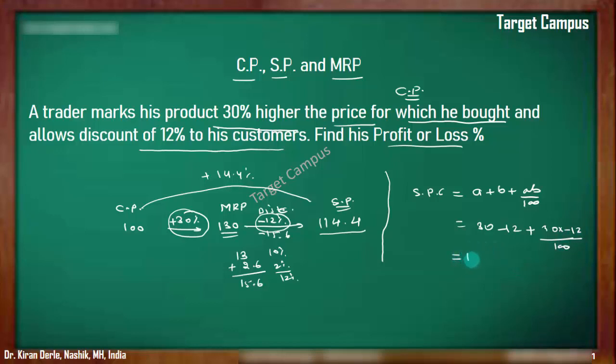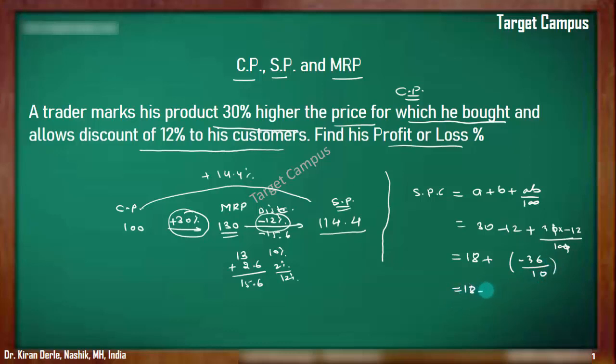So this is 18, and 30 into minus 12 upon 100 is minus 36 upon 10, which becomes minus 3.6.